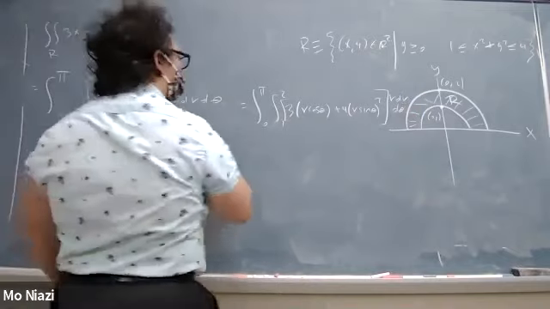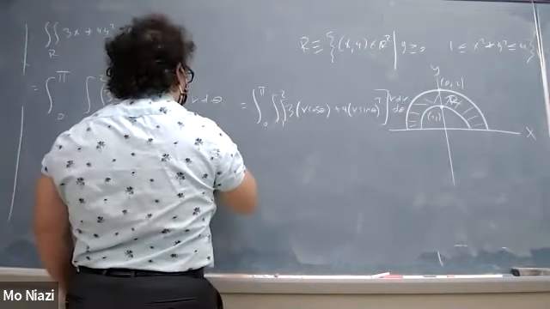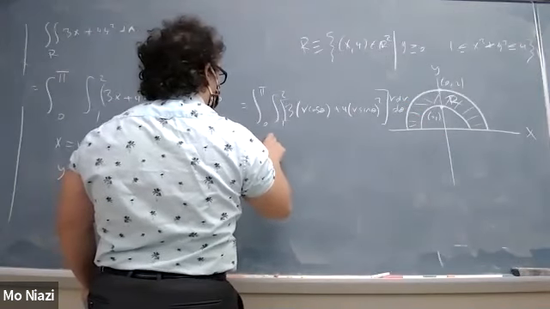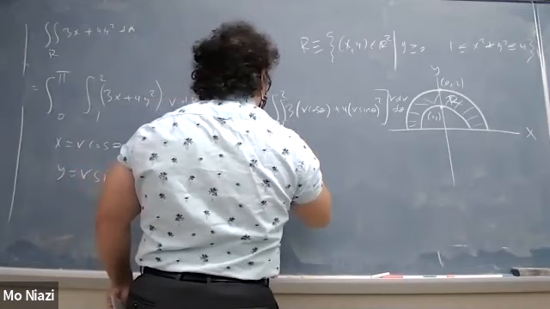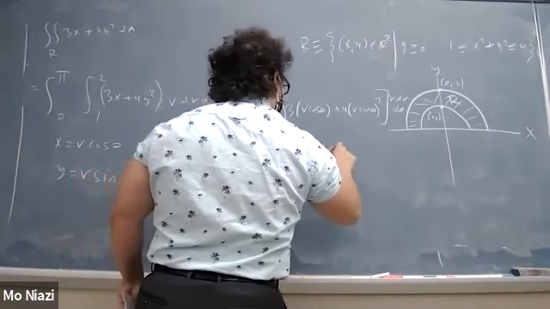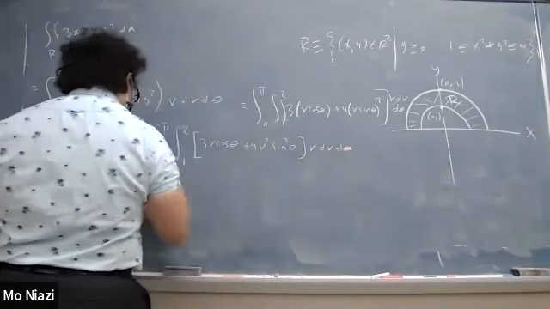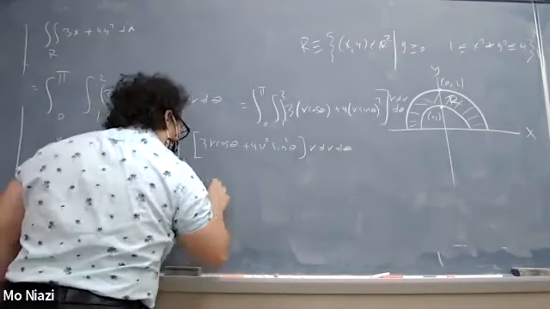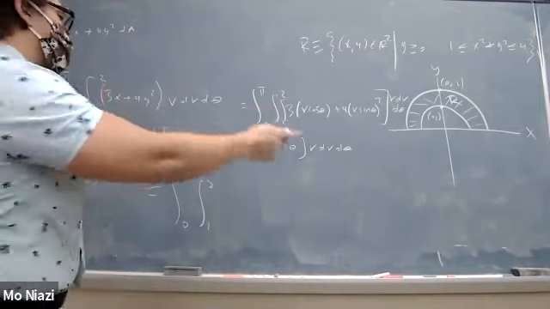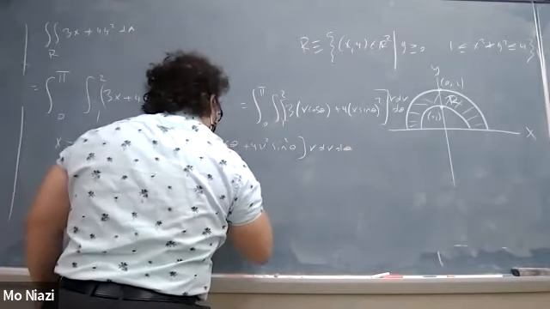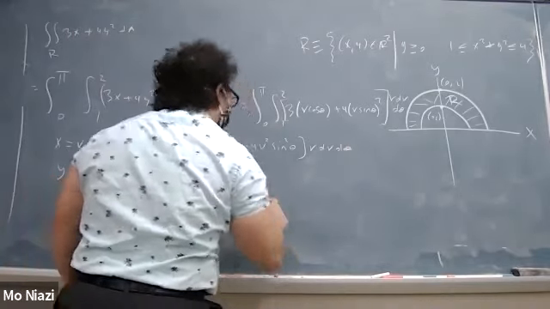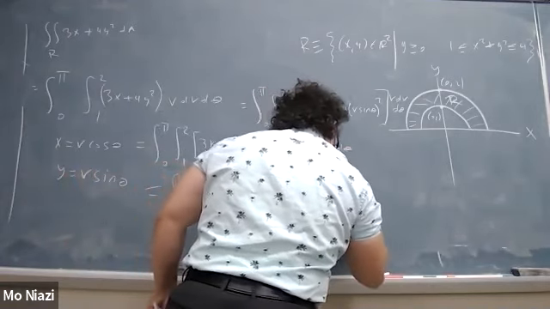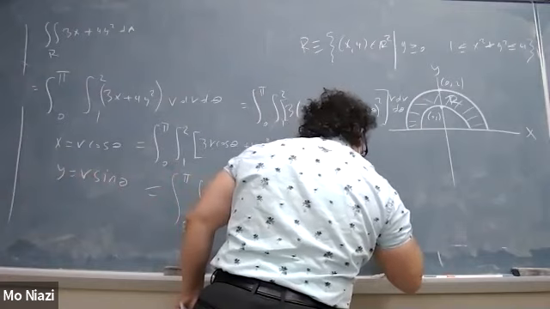So this breaks down to parentheses 3r cosine of theta plus 4r squared sine squared theta times r dr d theta. So then this becomes integral from 0 to pi, integral from 1 to 2. Let's distribute that r. This becomes 3r squared cosine of theta plus 4r cubed sine squared theta dr d theta.